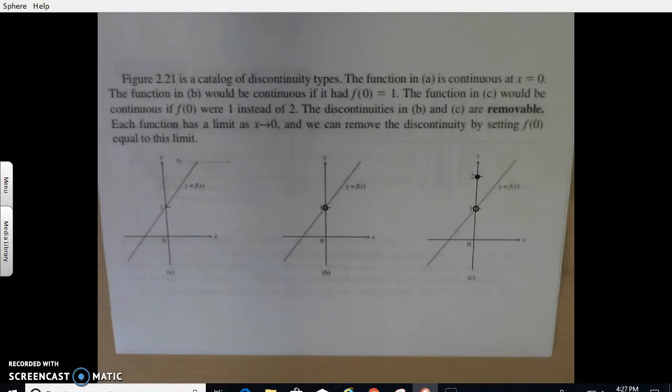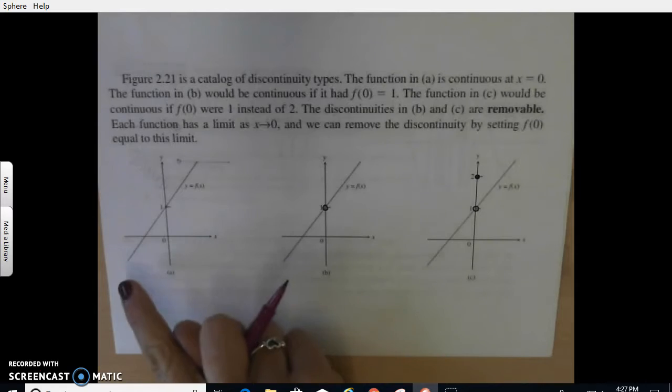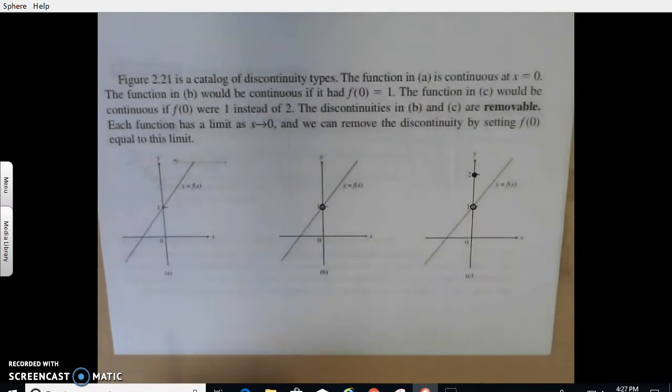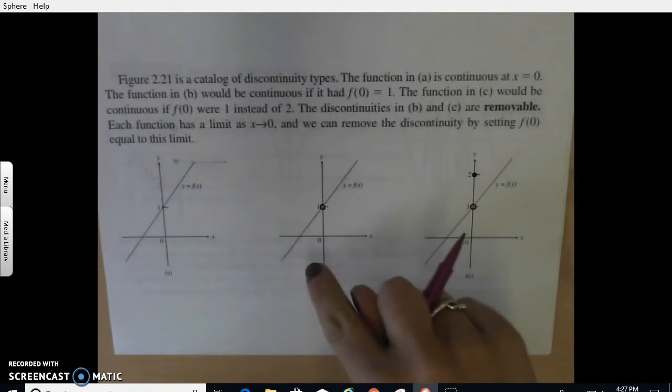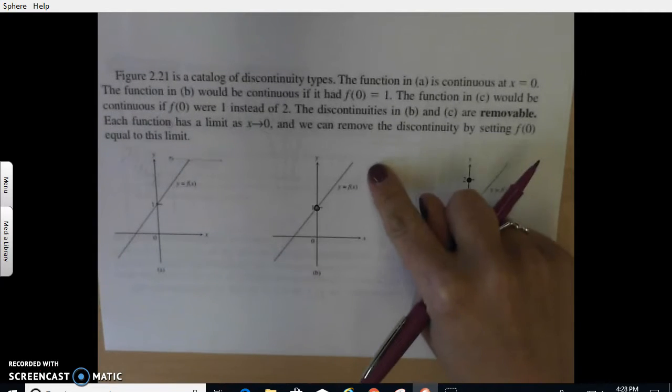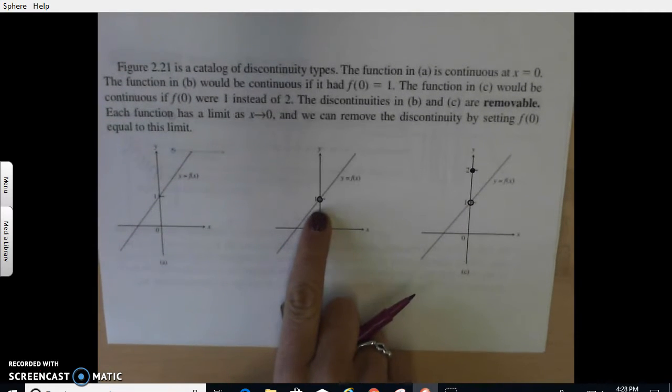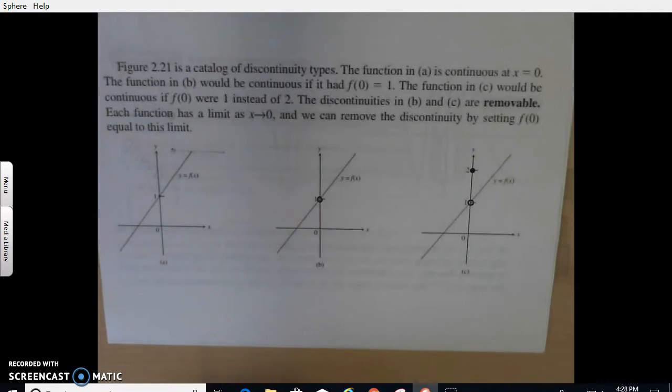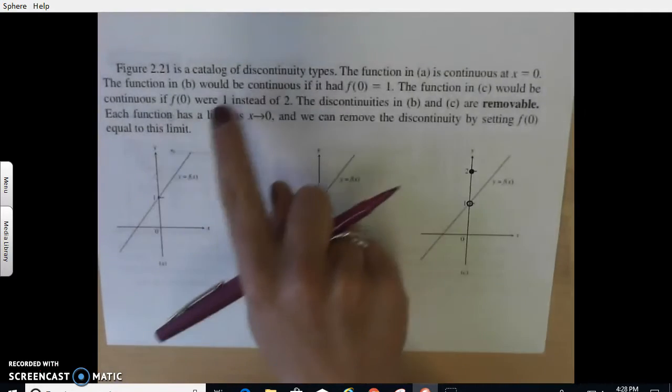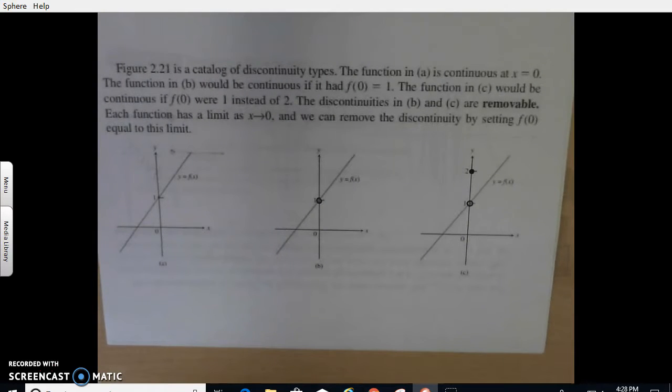Here we have a few different types of continuity, and really, more specifically, types of discontinuity. So we have a continuous function here, y is equal to f of x. Then we have the same function, but we have a hole at x equals 0. So the function in b would be continuous if we had f of 0 is equal to 1.